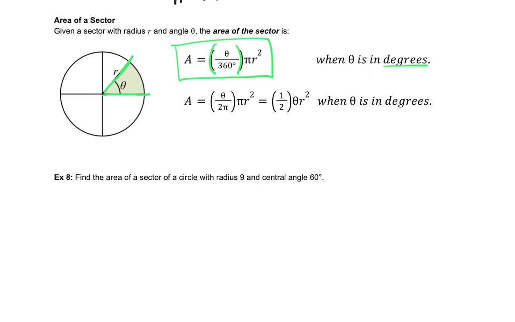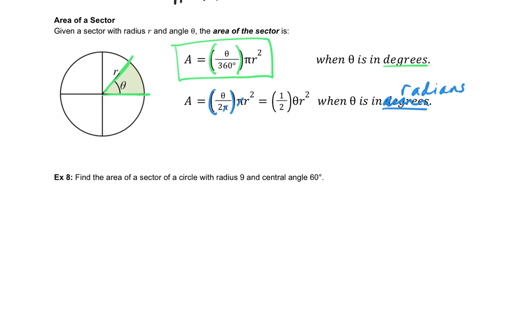Now if our angle is in radians, oh, there's a little typo, that should say radians, then theta over 2 pi describes the little fractional piece, and then that simplifies a tiny bit because our pi's can cancel.